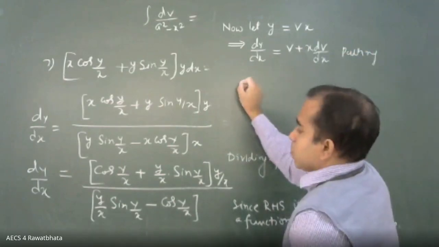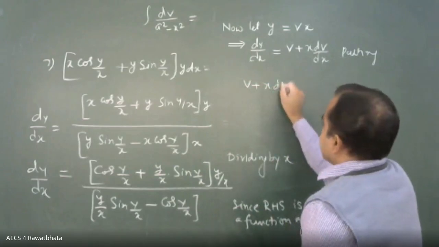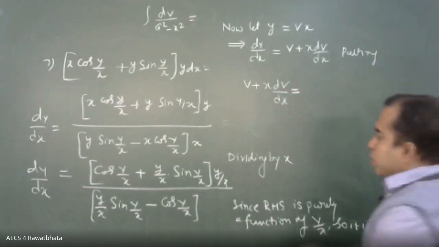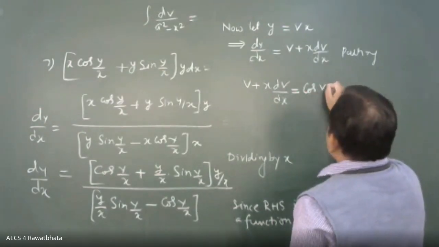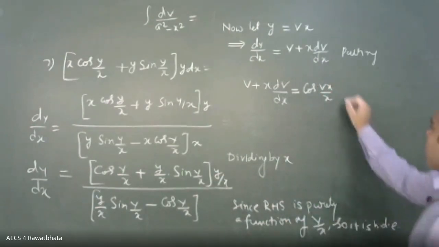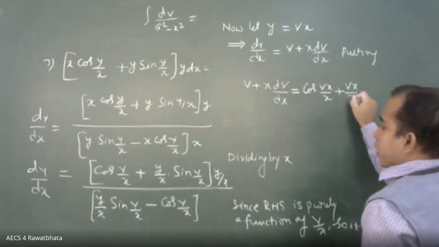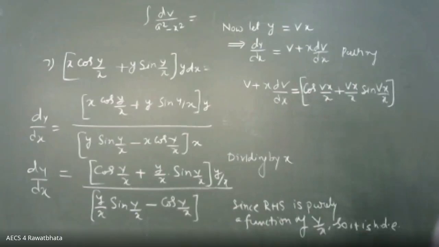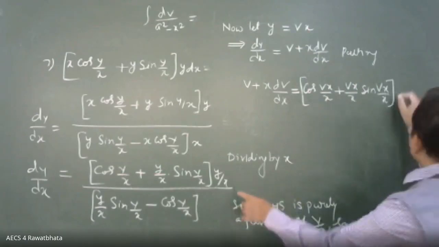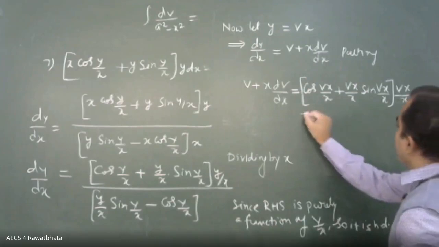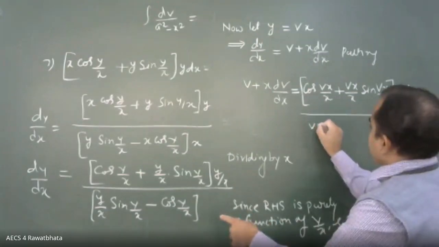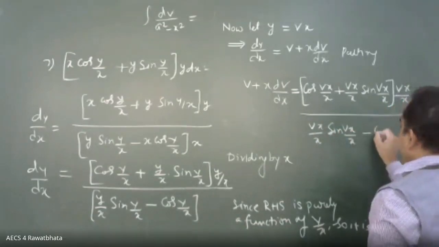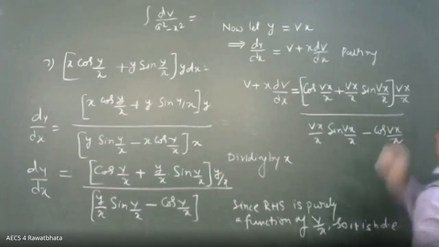Then this equation will become v plus x dv upon dx equal to cos vx upon x plus vx upon x sin vx upon x, into y is vx upon x whole upon vx upon x into sin vx upon x minus cos vx upon x.